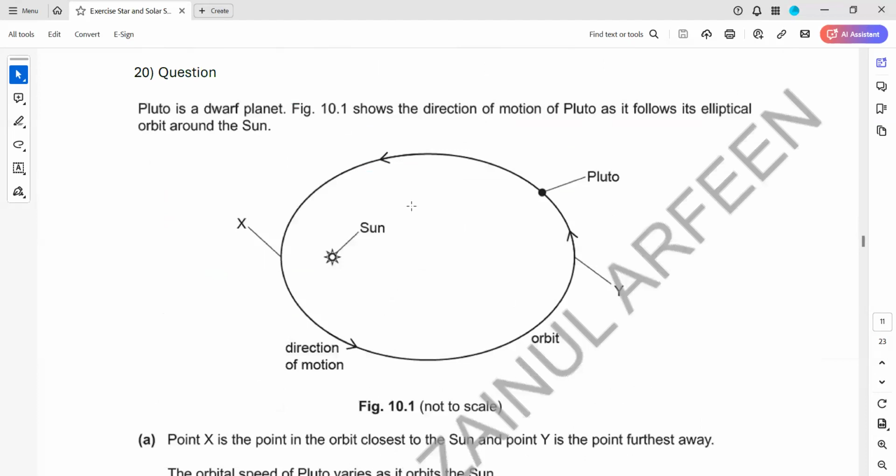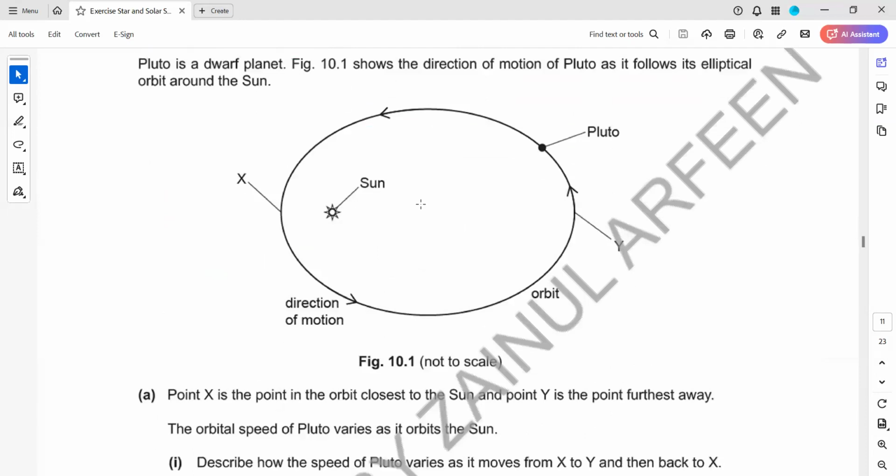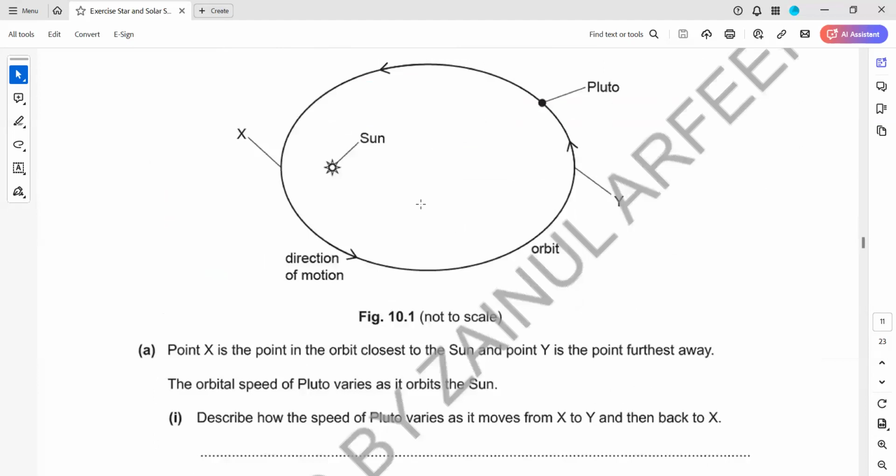In question 20, Pluto is a dwarf planet. Figure 10.1 shows its elliptical orbit. Point X is the point of the orbit closest to the sun, and Y is the furthest. The orbital speed of Pluto varies.